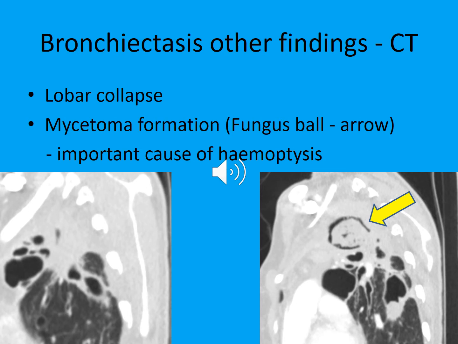In patients with advanced bronchiectasis, you can also see other findings such as lobar collapse or mycetoma formation or fungus ball, as seen in the image on the right. The fungus balls represent important cause of hemoptysis.